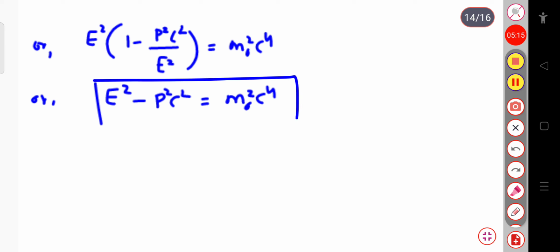So the relation is E square minus p square c square equals m naught square c power 4. This is the relativistic momentum and energy relation.